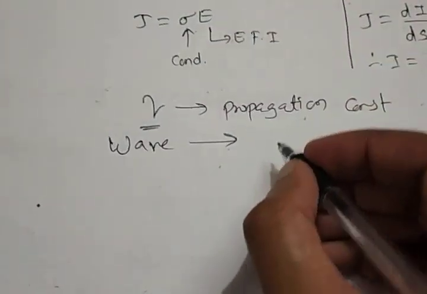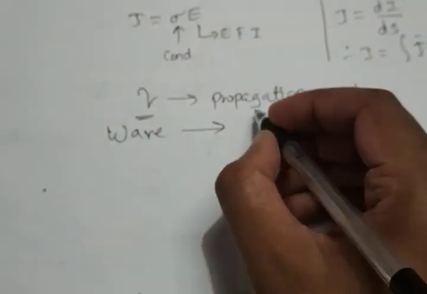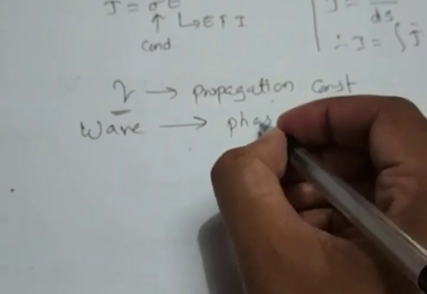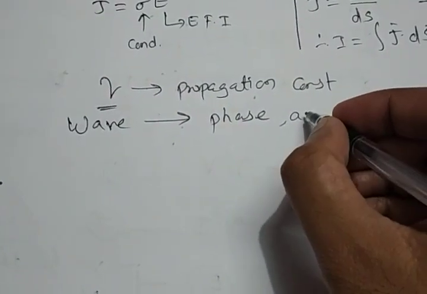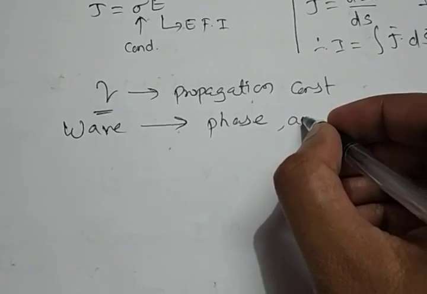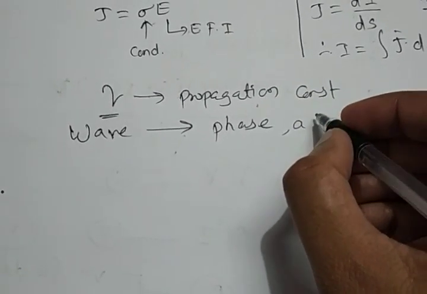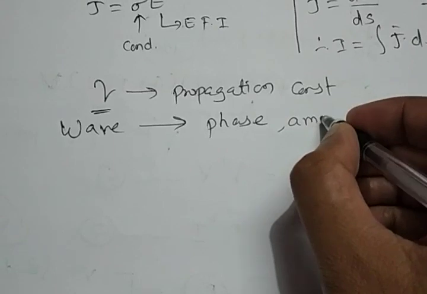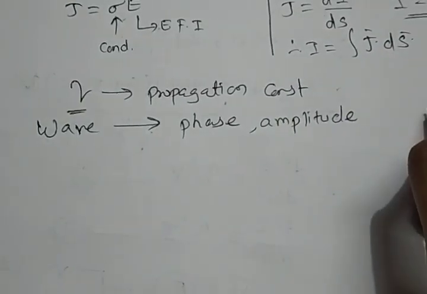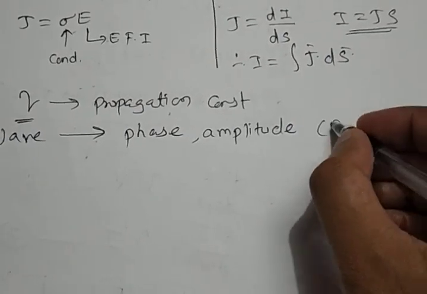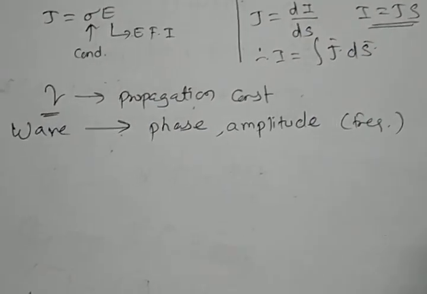So a wave is particularly a combination of two things. In a wave, we have a phase and we have some kind of amplitude. This wave consists of some frequency.